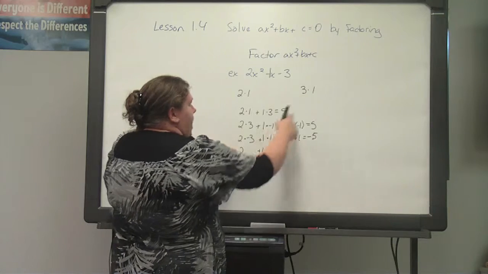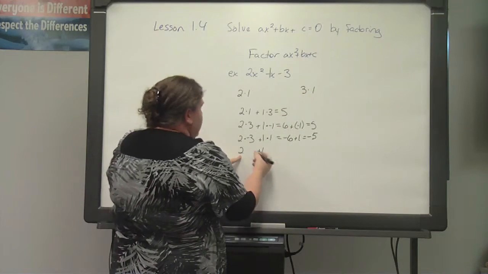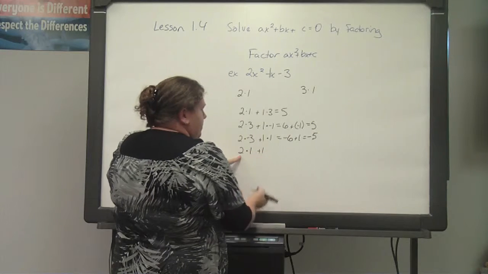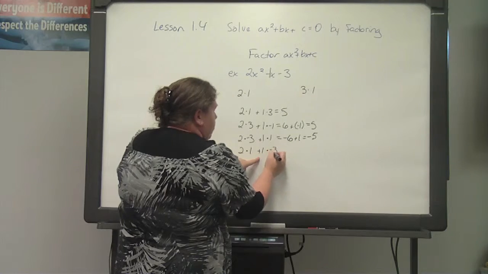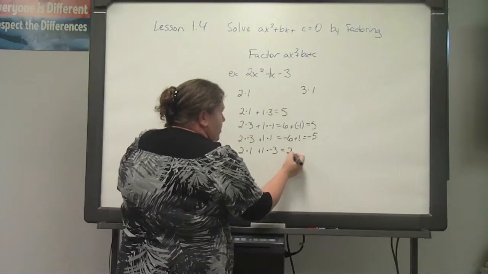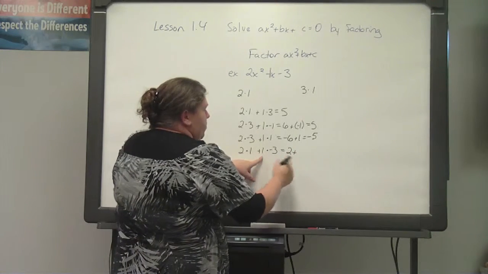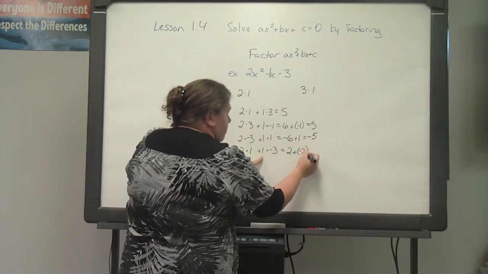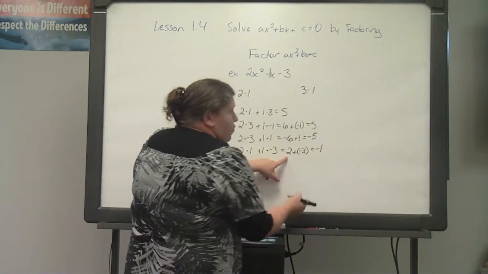So I'm going to have to try with my 1 being with my 2. So I can say 2 times 1 plus 1 times a negative 3. 2 times 1 gives me a positive 2, and then plus 1 times a negative 3 gives me a negative 3. 2 plus a negative 3 gives me a negative 1.